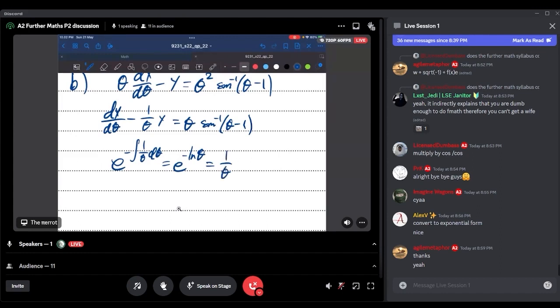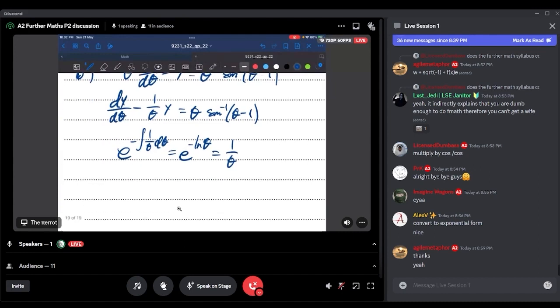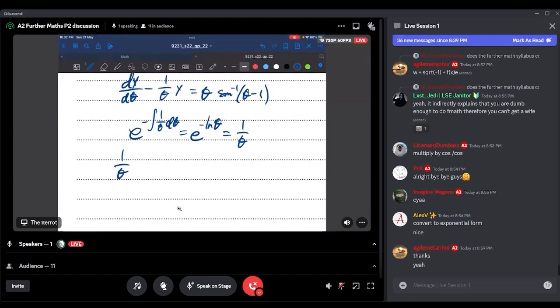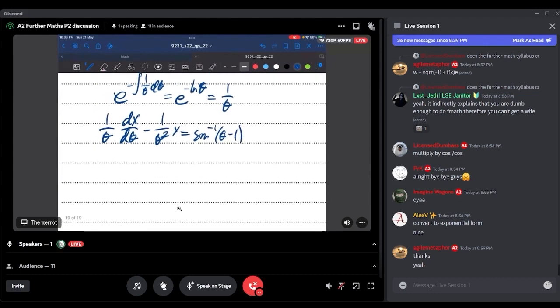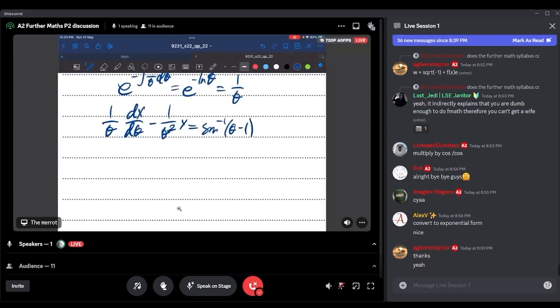So you should be getting 1 over theta, dy d theta, minus 1 over theta squared, y is equal to, this one will get cancelled, so you have sine inverse of theta minus 1 over theta. Now the left-hand side is a result of a product rule. It is a product rule of y times whatever your integrating factor is, it's just 1 over theta. So I can just write y over theta here.